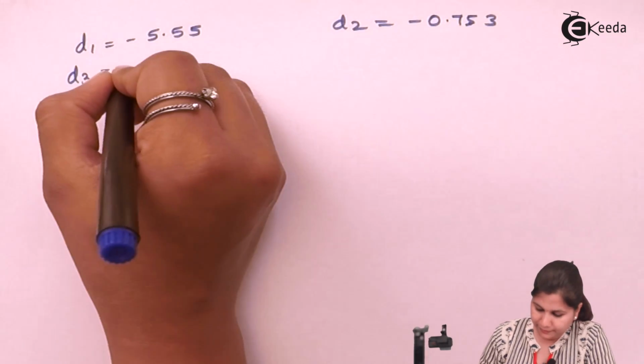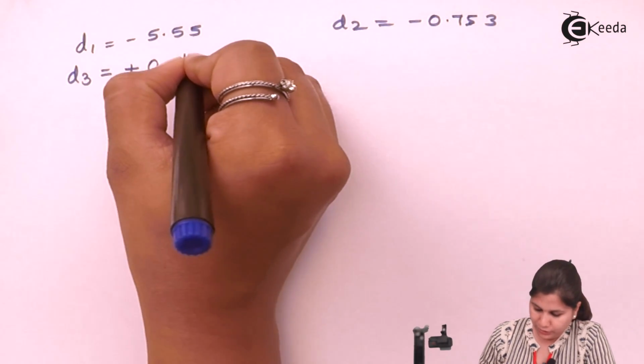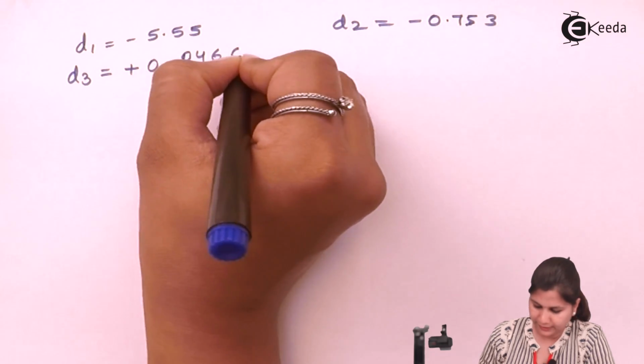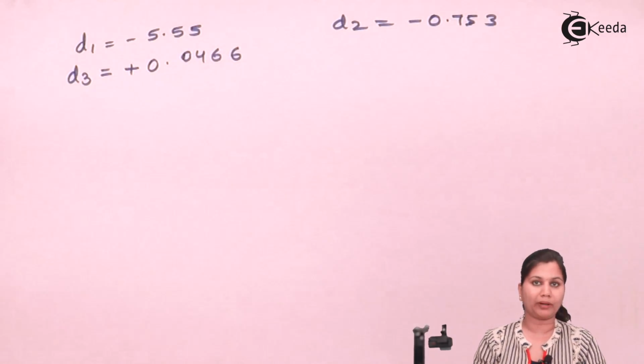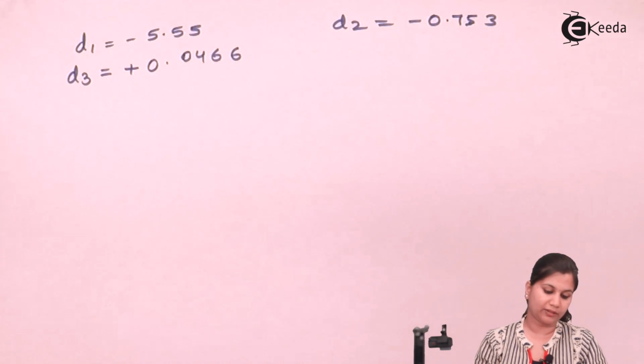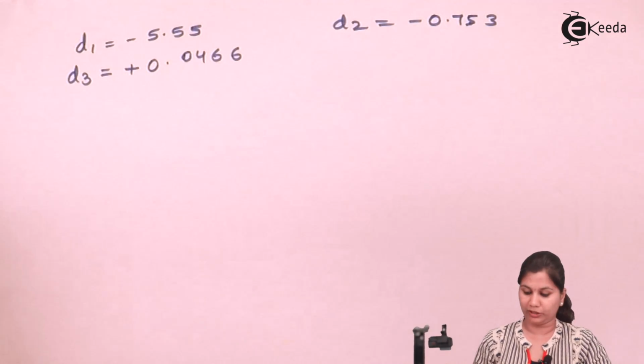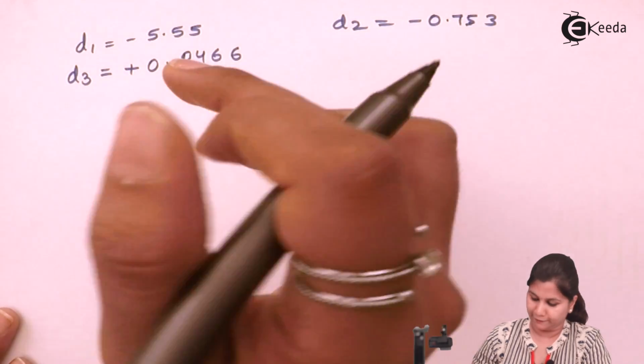So D3 is plus 0.0466, because the third value was 31.1 and the mean was 31.053, so it is coming out to be positive.